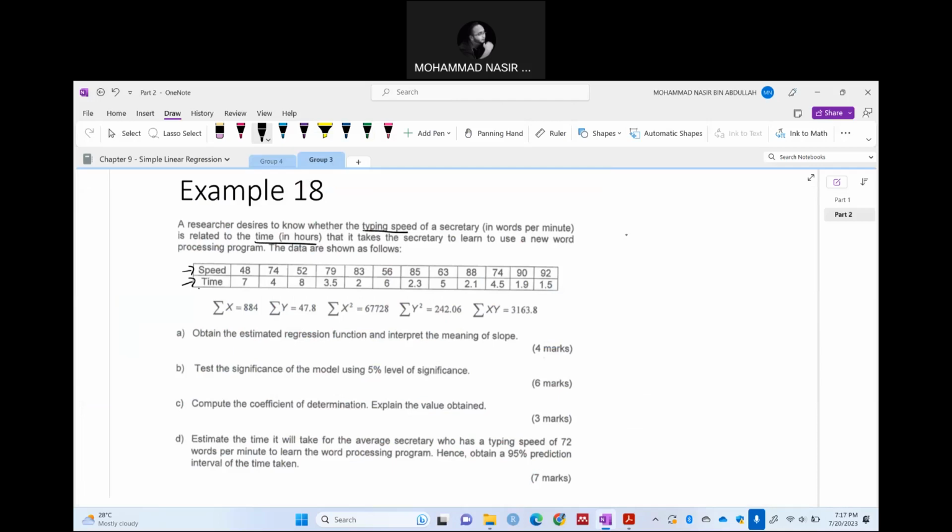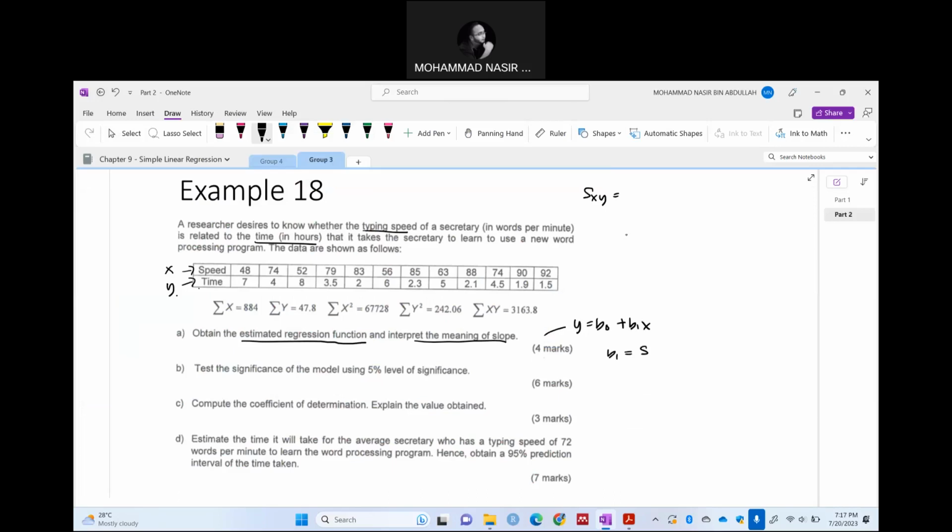Yeah. So this is independent and this is dependent. Right. So obtain the estimated regression function and interpret the meaning of slope. So slope we have y equal to beta naught plus beta 1 x.